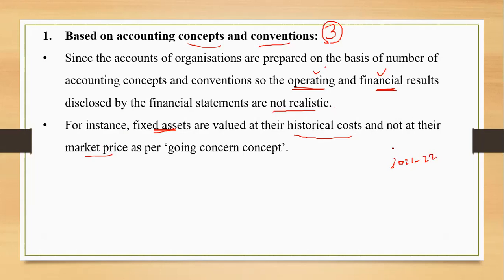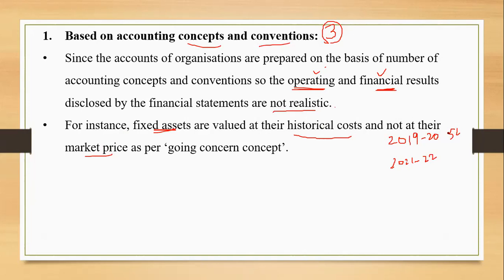If I have purchased some asset in the year 1920 for rupees 5 lakh, we know the value of the rupee keeps on changing. It is not fixed, right? So the point is, which value should I continue in my books? The value of the asset as on today?